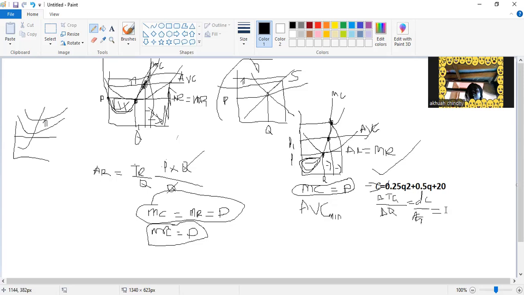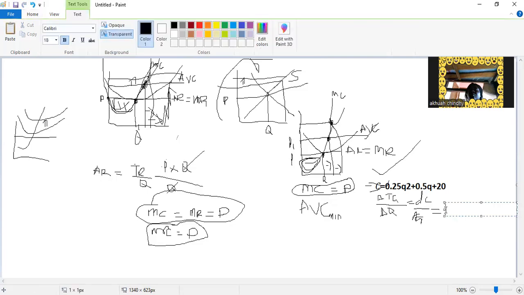So when we differentiate, the 2 will multiply the 0.25 and we get 0.5Q plus 0.5.